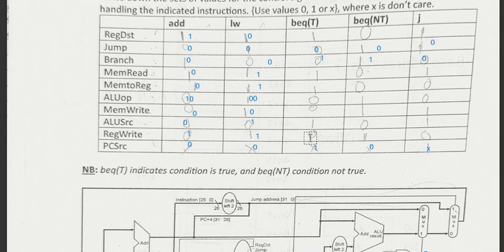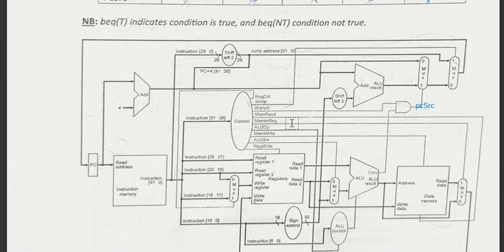Now, MemRead and MemWrite. These instructions don't write to memory, so we can put zeros, right? They don't write to the register file, so we can put zeros. Now, ALUSrc. For branch equal instruction, let's go and see the ALUSrc.